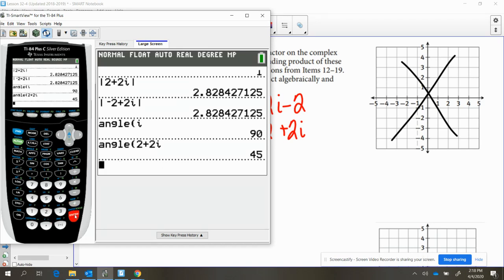We have 45. And then last but not least, if we take negative 2, I'm just going to insert a negative here, plus 2i, that product, notice here the relationship. We had 90, 45, and 135.